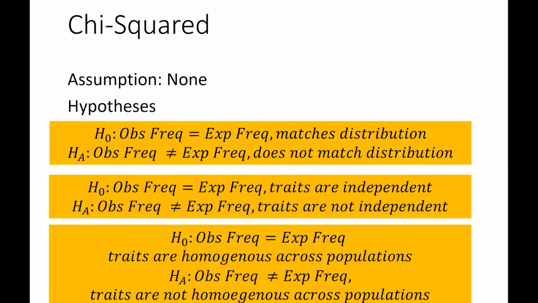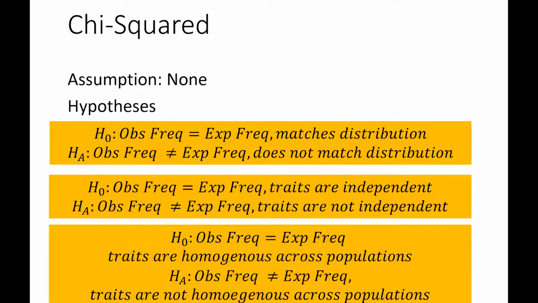Your data fits the Mendelian segregation. Your data fits the binomial distribution. Your data fits the Poisson distribution. Your data fits a uniform distribution. The alternative is then that it doesn't match the distribution. Your data is distributed in some other way.